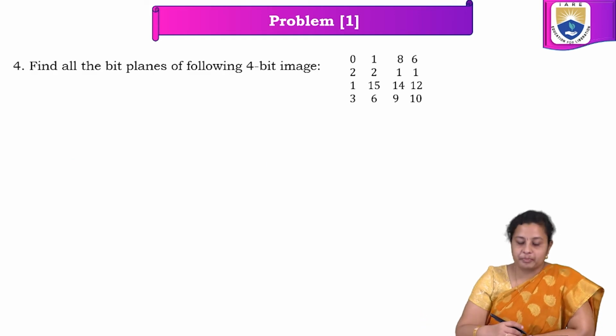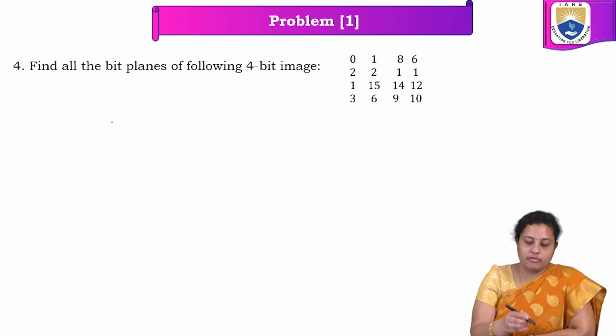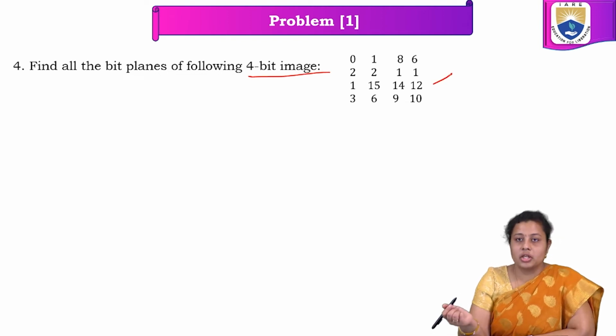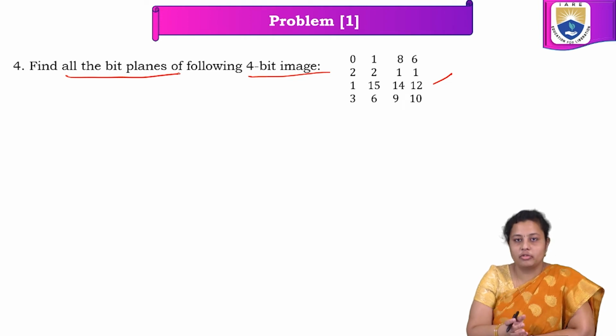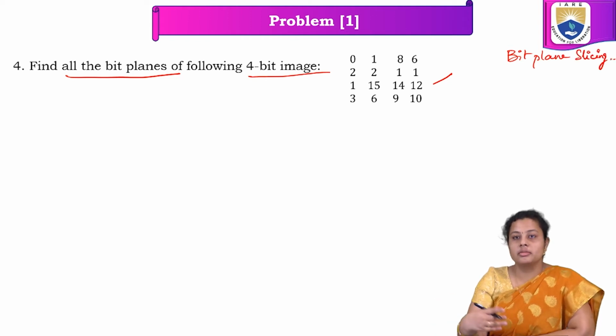Next kind of problem is if we have a 4-bit image of this form. Now we have to calculate all the bit planes that are available for this. So this is the bit plane slicing concept, which we have read.